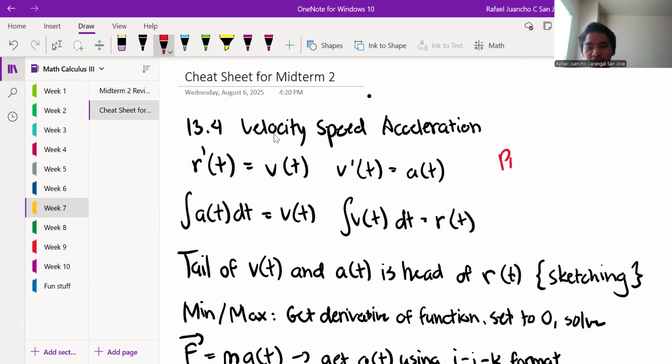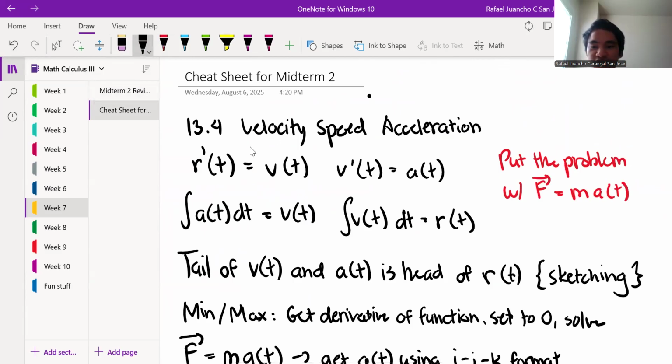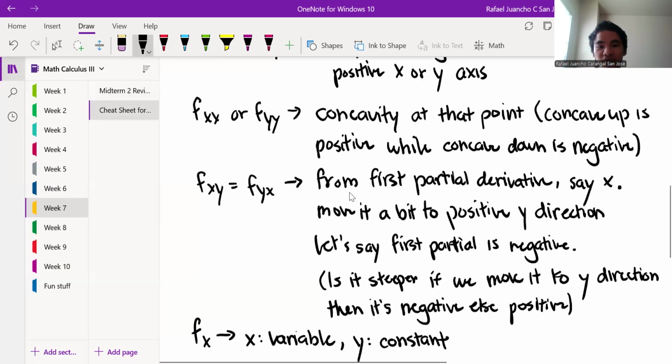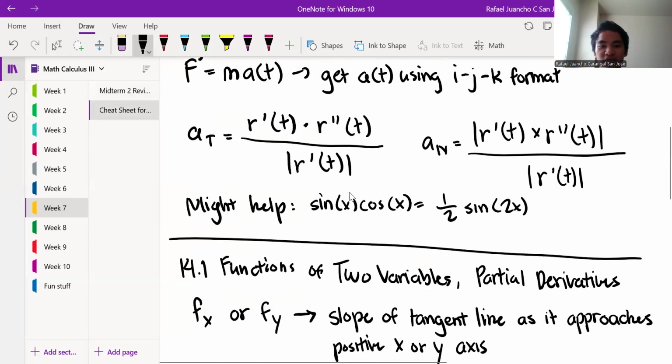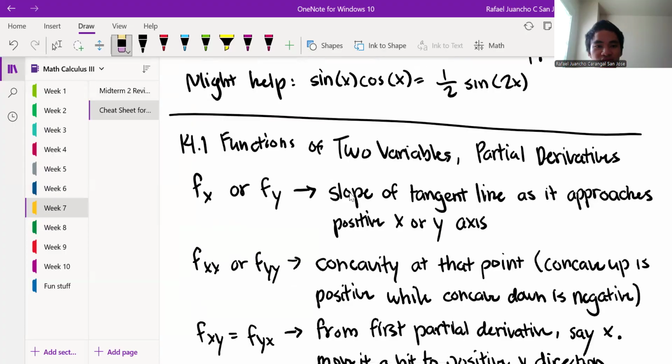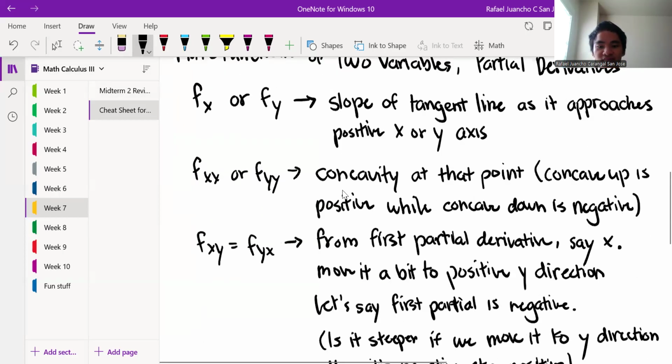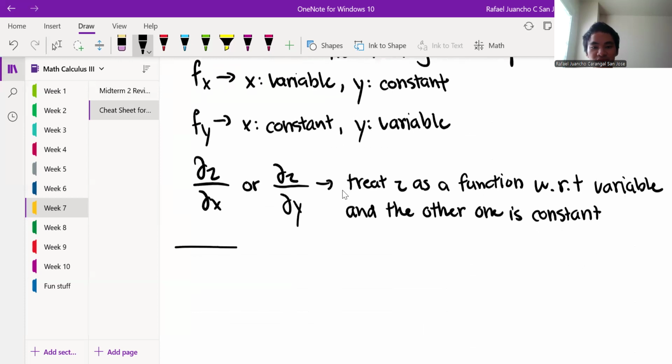Here I'd probably put the problem with the F vector being m times the acceleration vector. But that's just for a 13.4 thing. And then this is for 14.1. Oh, I forgot that. 14.1 slash 3. That's that, pretty much.